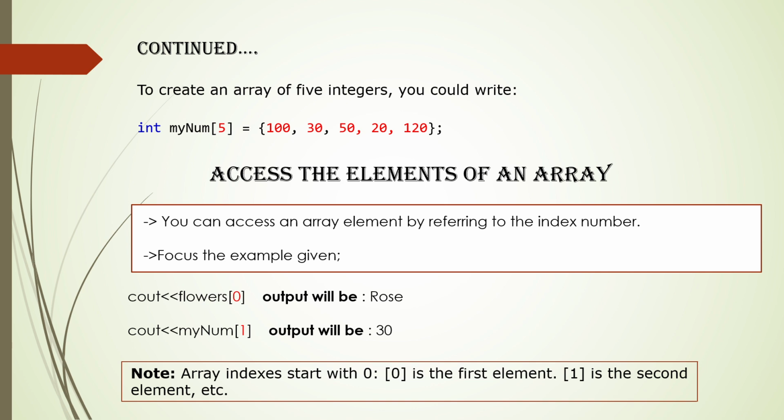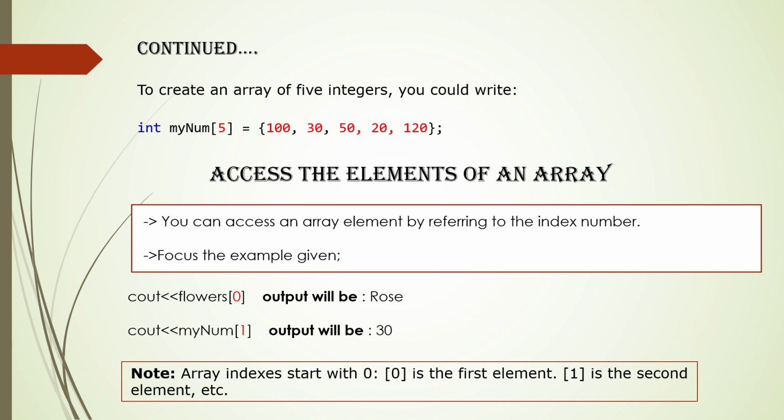We can access an array element by simply referring to the index number. So now you all must be wondering what is an index number. It is a new term for all of you. So first let's see what an index number in an array is. While storing values in an array, they are all stored at a particular index number. Like the first element will be stored at index number 0.